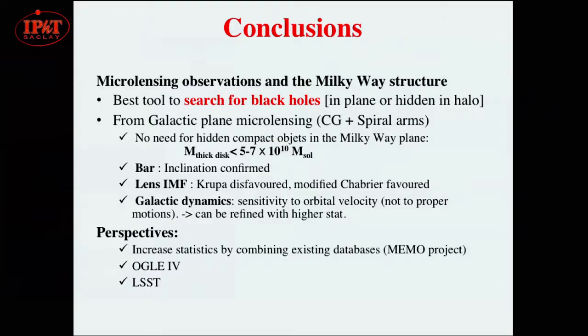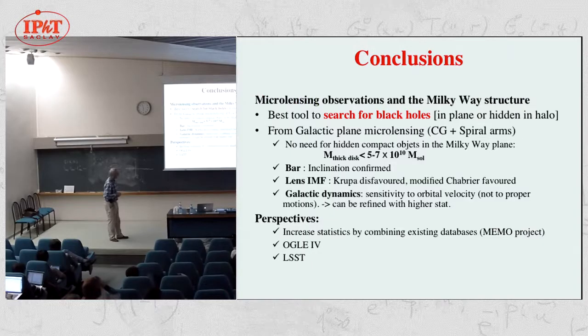Well, the perspectives for microlensing. First, there is the perspective to increase the statistics by combining the existing databases. I hope this will be done during a PhD thesis within the next 1 or 2 years. The survey which is the most sensitive at the moment is OGLE 4, which is still running, and on the larger horizon, there is the LSST, the Large Synoptic Survey Telescope, that should also be very strong.